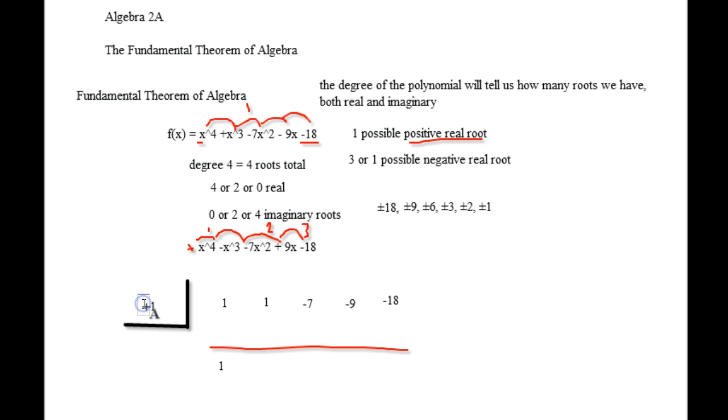All right, let's try a negative. So this becomes negative 1, this becomes 0. This still becomes 0, that becomes negative 7. This becomes positive 7. This becomes negative 2, and I don't think if I times that by negative 1 that that's going to work either.